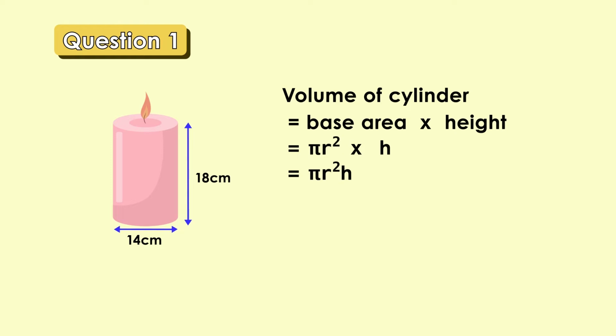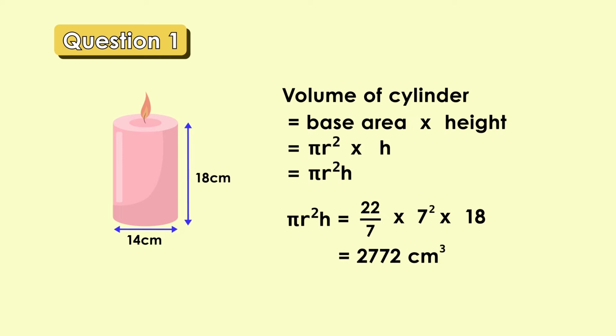Insert the value into the equation. 22 over 7 multiplied by 7 square multiplied by 18. What is your answer? Correct! The volume of the scented candle is 2,772 cubic centimeters.